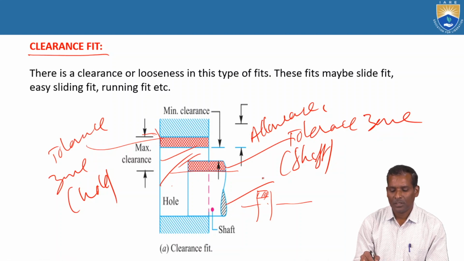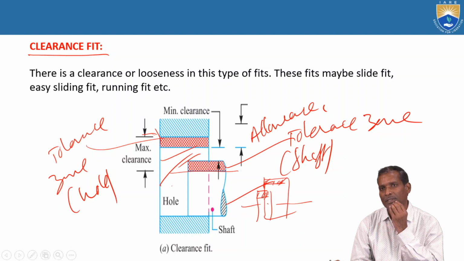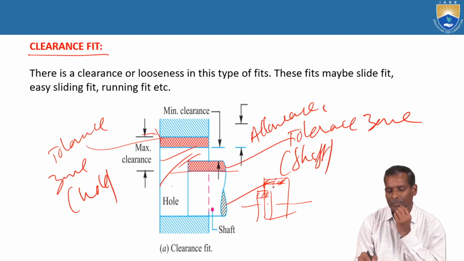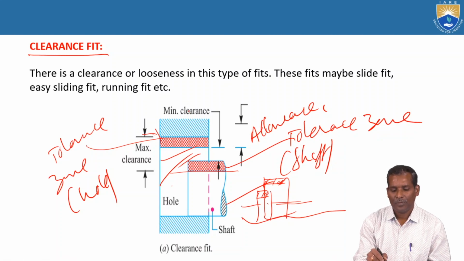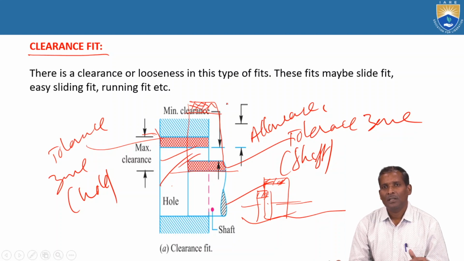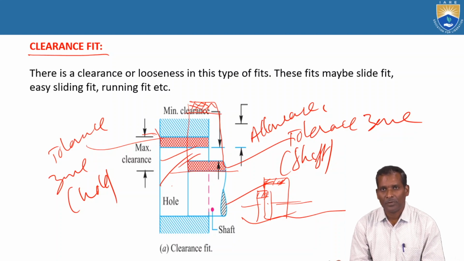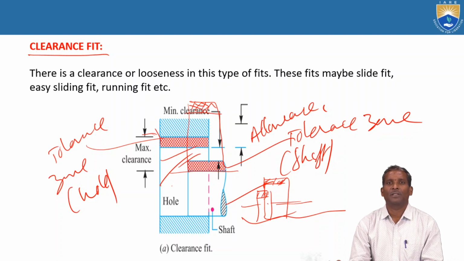The tolerance zone of the shaft is above the hole. It means the hole tolerance zone is always below the shaft. Then only interference will occur between these two mating parts.